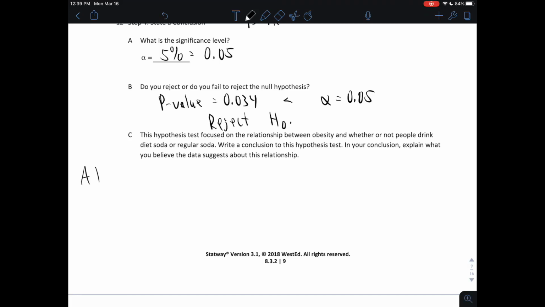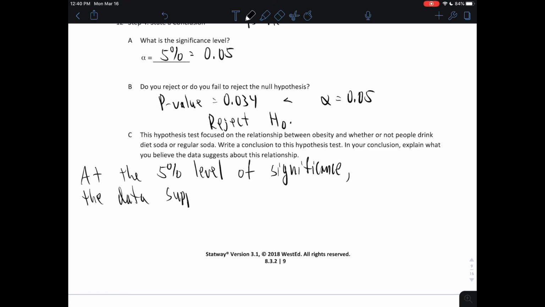So we would say, at the 5% level of significance, the data supports the claim. And here we're just rewriting what the claim was.